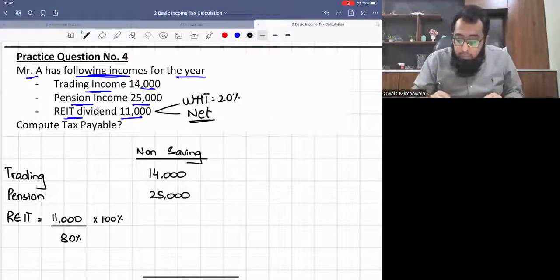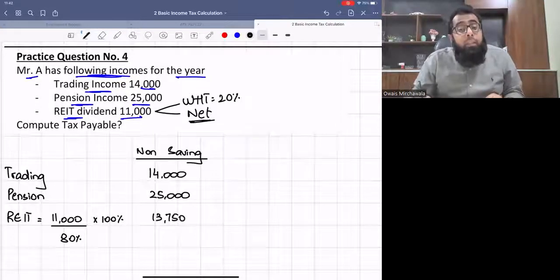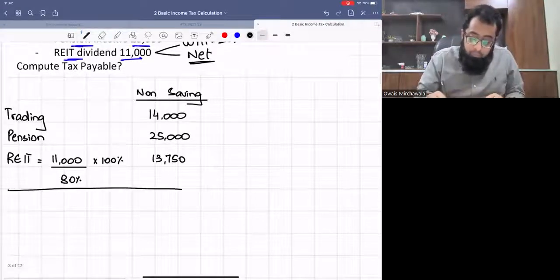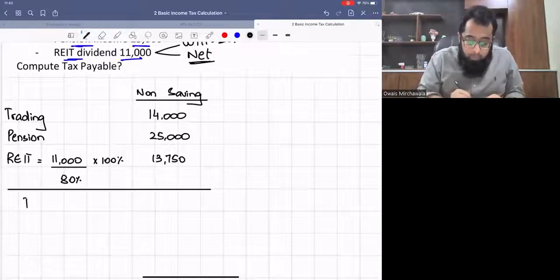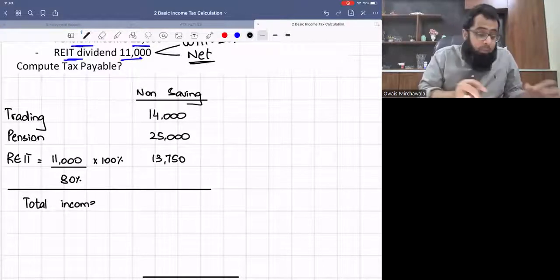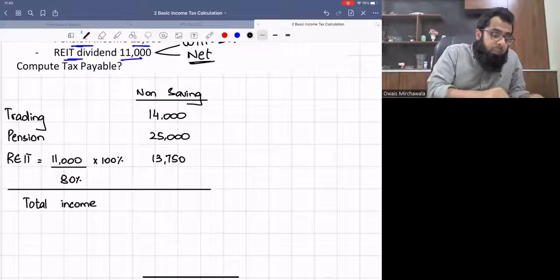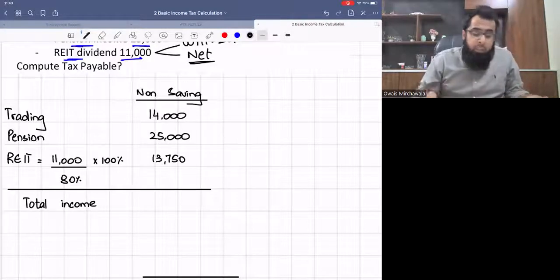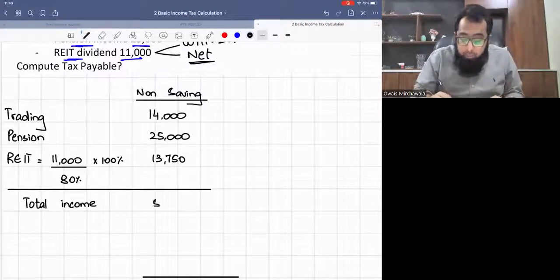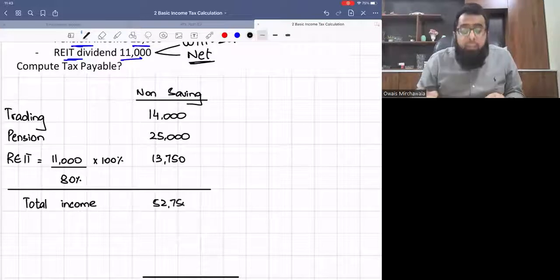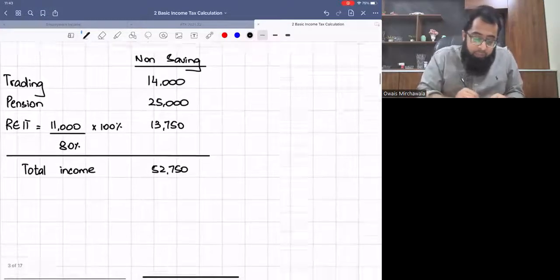So the gross amount will be 13,750. Total income: 14,000 plus 25,000 plus 13,750. So the total income is 52,750.